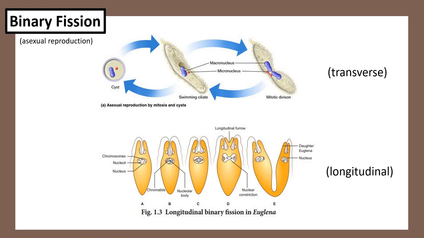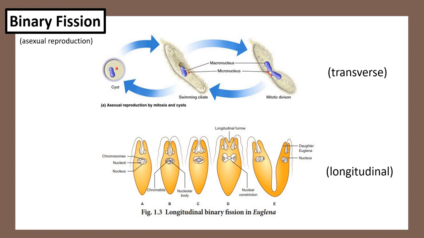First off, I want to talk about the process of binary fission, which is the method of asexual reproduction for the ciliates. I know we talked about it with bacteria, and it is very, very similar. If you look at the top, you'll see this ciliate known as the paramecium, which we mentioned before.